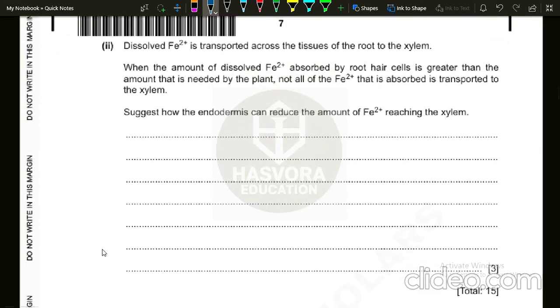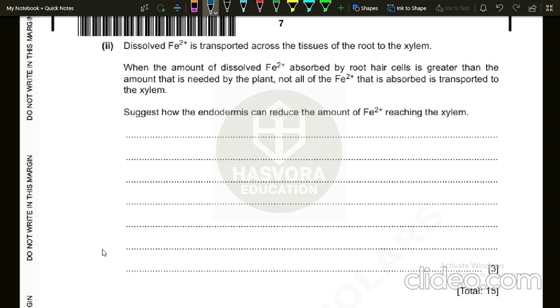Let's move on. Part 2 says dissolved Fe2+ ions are transported across the tissues of the root to the xylem. When the amount of dissolved Fe2+ ions absorbed by the root hair cells is greater than the amount needed by the plant, not all of the Fe2+ cations absorbed are transported to the xylem. So the plant can remove the excess absorbed through the root hair cells. Suggest how the endodermis can reduce the amount of Fe2+ ions reaching the xylem.